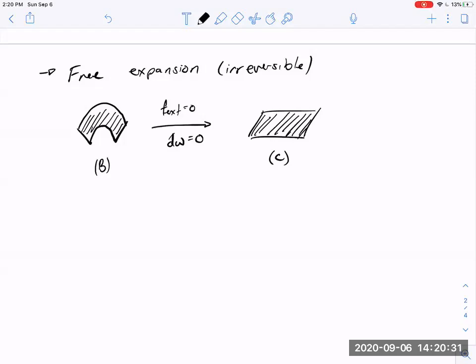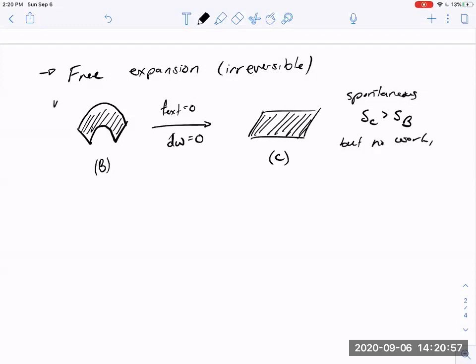So we expect this spontaneous process will have increased its entropy. SC would be greater than SB. But there's no work. We don't apply a force to cause this to happen. It's adiabatic.